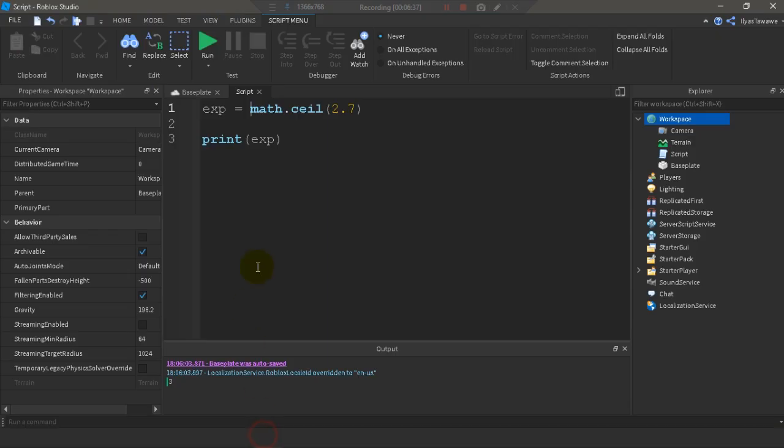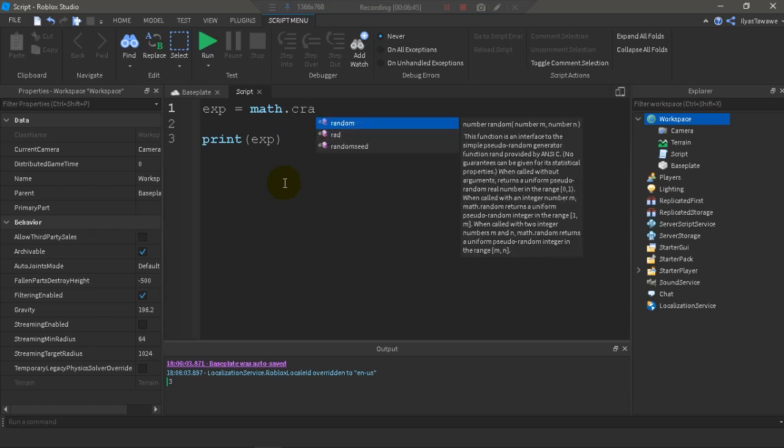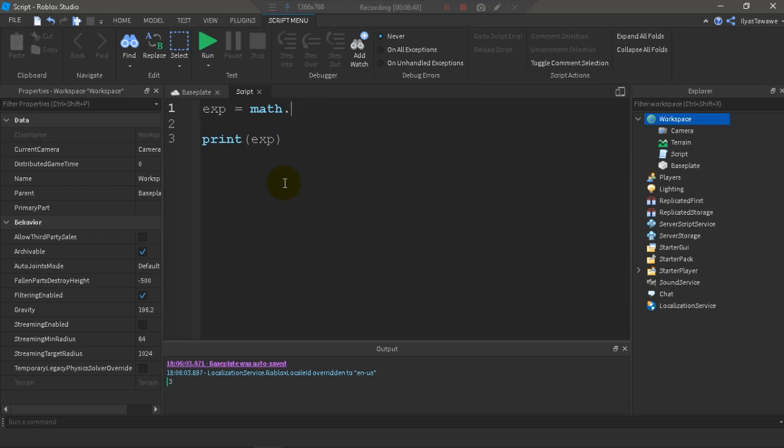So how is this gonna be? For example, if we have a percent, math.clamp. Okay, so for example we have just 0, and the minimum we want it to be is 0, so it's never gonna be a negative value.